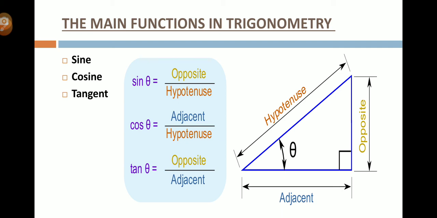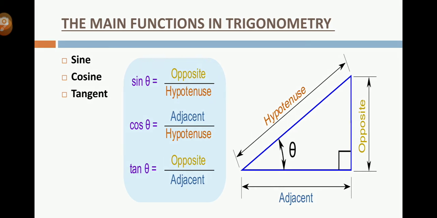Sine theta is opposite by hypotenuse. Cos theta is adjacent by hypotenuse, and tan theta is opposite by adjacent.